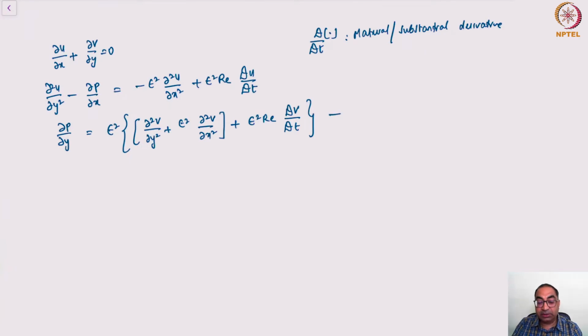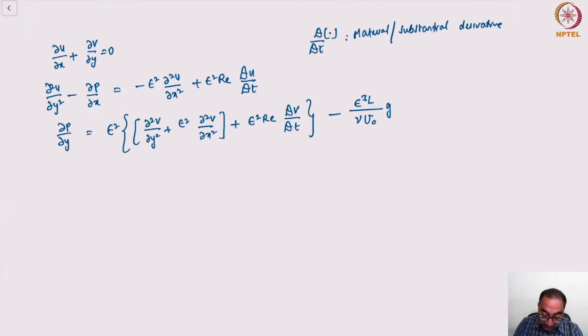If we non-dimensionalize it correctly and make sure that the coefficient of del p by del y is 1, that's the leading order term. Everything else is smaller than this term. It has epsilon or epsilon square and so on. Then finally here you get epsilon cube L by nu u naught times g, where nu is the kinematic viscosity, and we have gravity as it is.